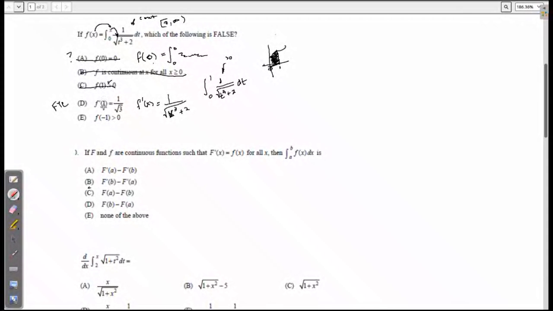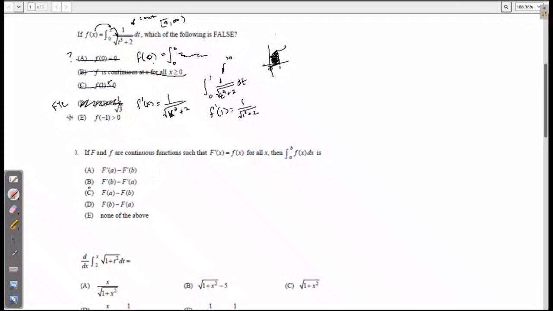And now I want to know what happens when I substitute a 1 in here. So f prime of 1 is going to be 1 over the square root of 1 cubed plus 2, which is true. So this is not the false problem that we're looking for.